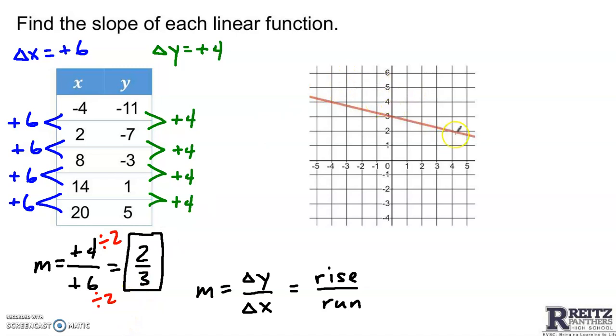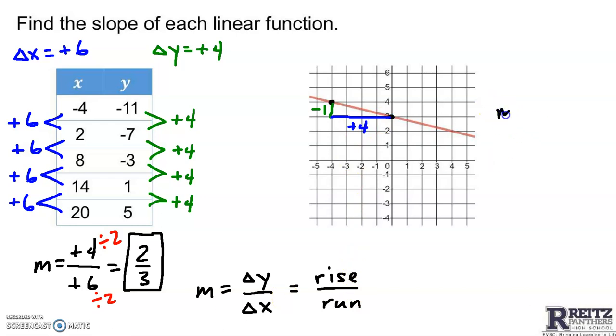For this linear function given as a graph, I need to pick out a couple of points. Let's use this one here, -4, +4, and the y-intercept 0, 3. So here, I want to think about rise actually going down 1, and then I need to go to the right 4, and that's my rise over run.